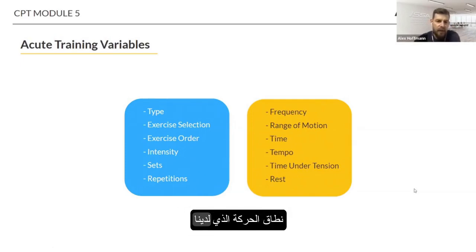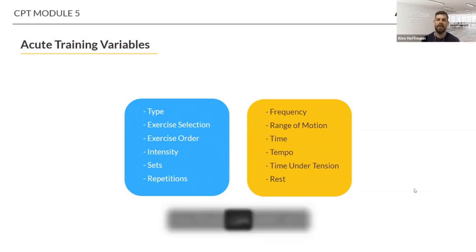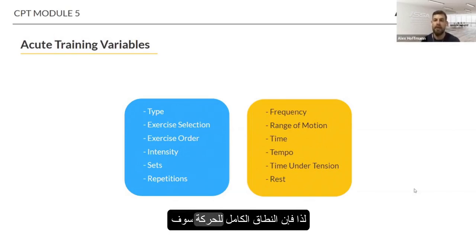Range of motion is the movement of a joint or body part, or the movement around a joint or body part, right? So full range of motion is going to promote the entire muscle to fire, because we are moving our joint throughout its entire movement pattern. It's interesting to note that muscles only get stronger in the range of motion that we work out in.